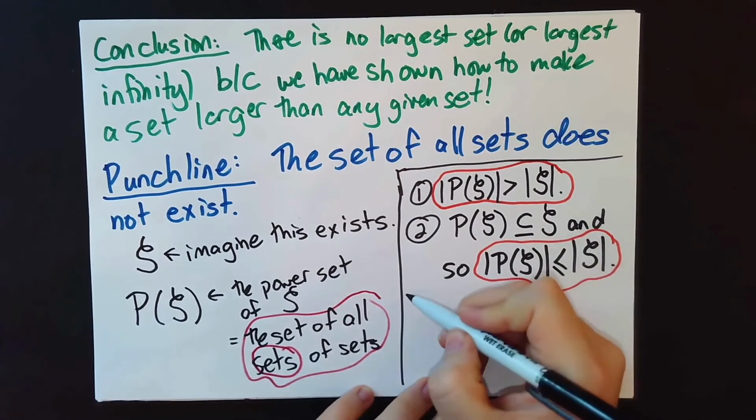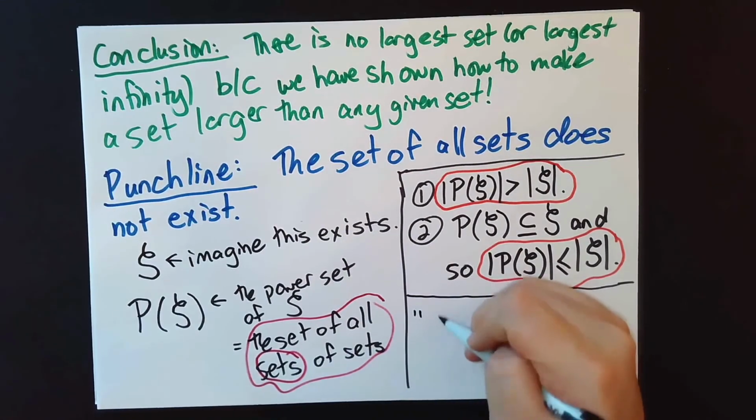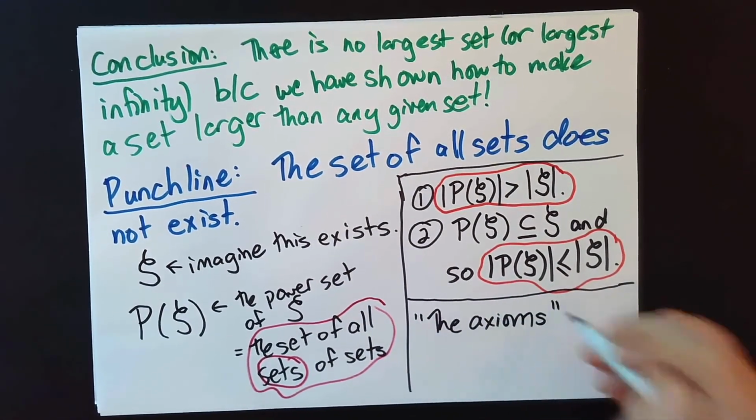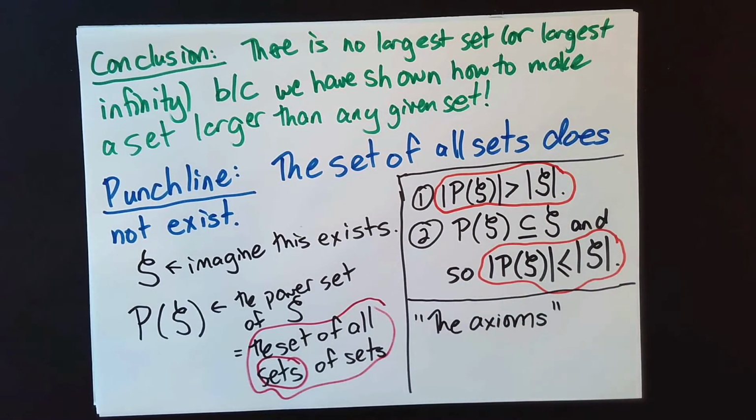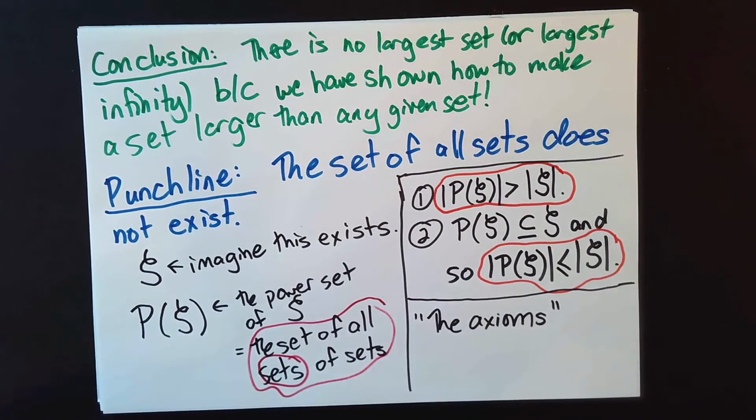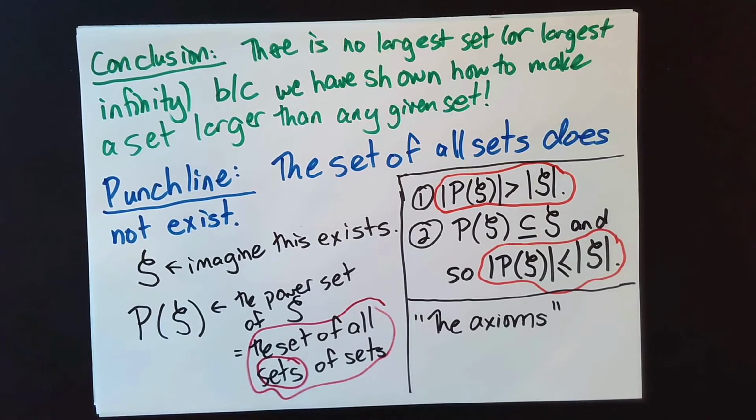Now, I'll note through all of this, I have kept referring back to the axioms. And I've done that as though we have ever discussed what the axioms of set theory are, or that it's something we've thought about. And throughout this course, I've in fact deliberately avoided talking about the axioms of set theory, or the axioms of the positive integers, or all of these kinds of things, because I want to believe that fundamentally positive integers and sets are intuitive enough objects that I don't need to write down axioms for us to start working with them.